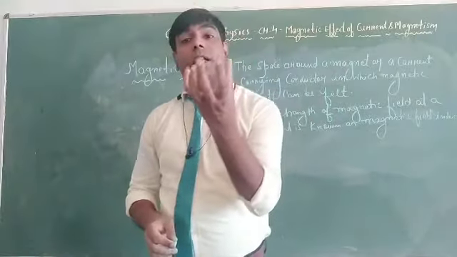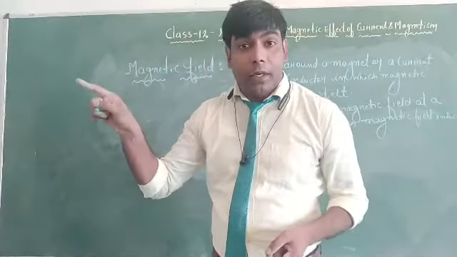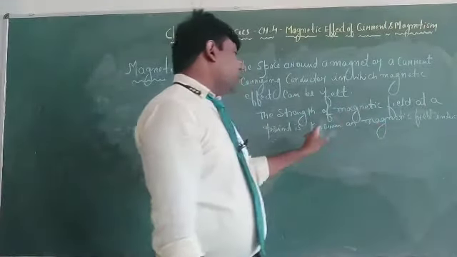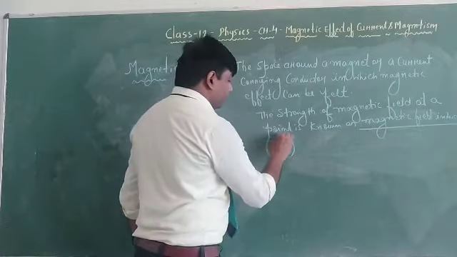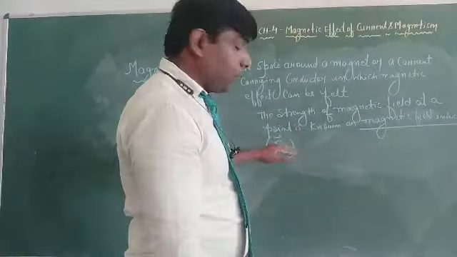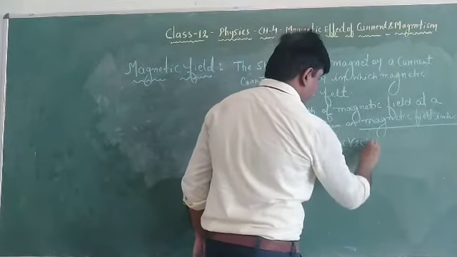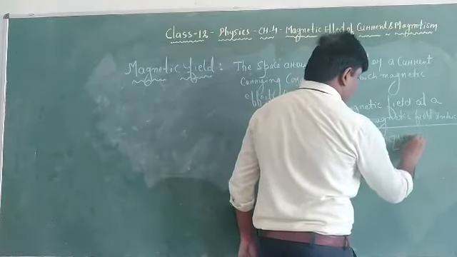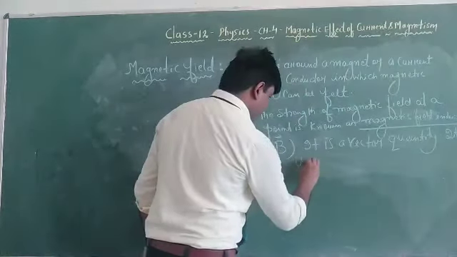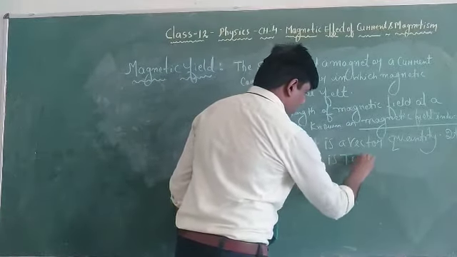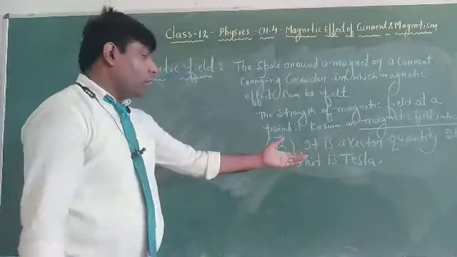But if you want to measure how much electric field is present, that is the strength, then that was given the name electric field intensity, denoted by capital E. Here, the strength of the magnetic field at a point is known as magnetic field induction, denoted by B. Electric field is denoted by E, magnetic field by B. It is a vector quantity and its unit is Tesla.